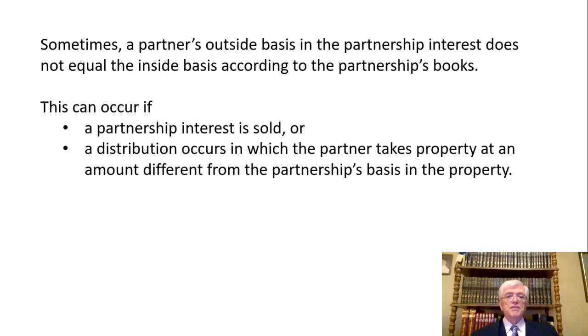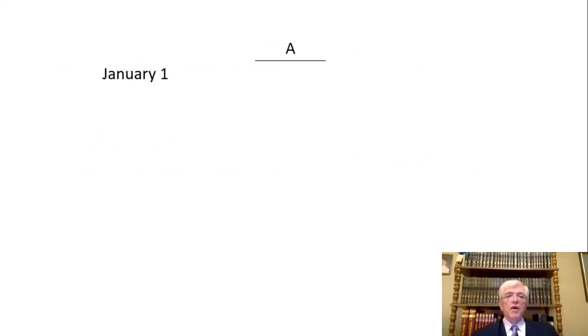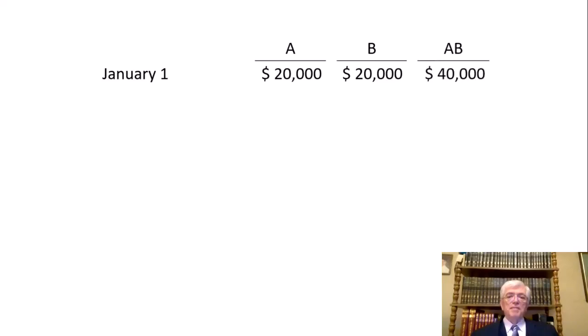A partnership interest is sold. So January 1, A has a $20,000 interest and B a $20,000 interest. AB partnership has a $40,000 capital account. So inside basis and outside basis are now the same.